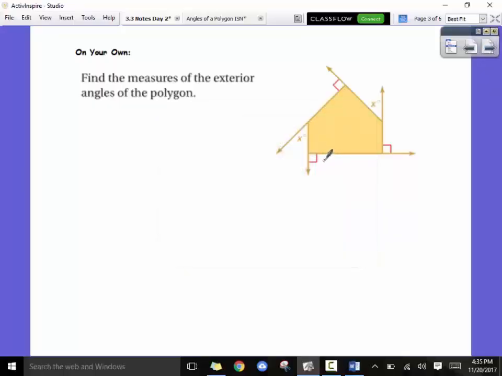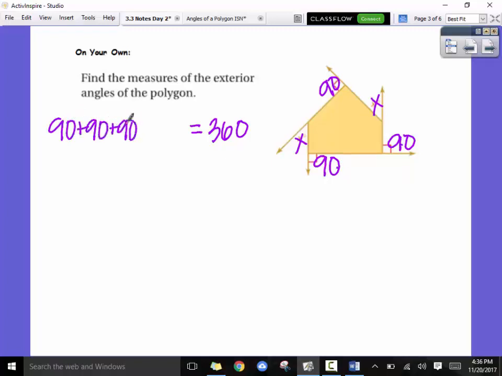Okay. So you know you have your exterior angle of 90 there, 90 there. I have x here, 90 here, and x here. Okay, I know these are all exterior angles, so they add to equal 360. The angles that I have: 90 plus 90 plus 90, and then x plus x.